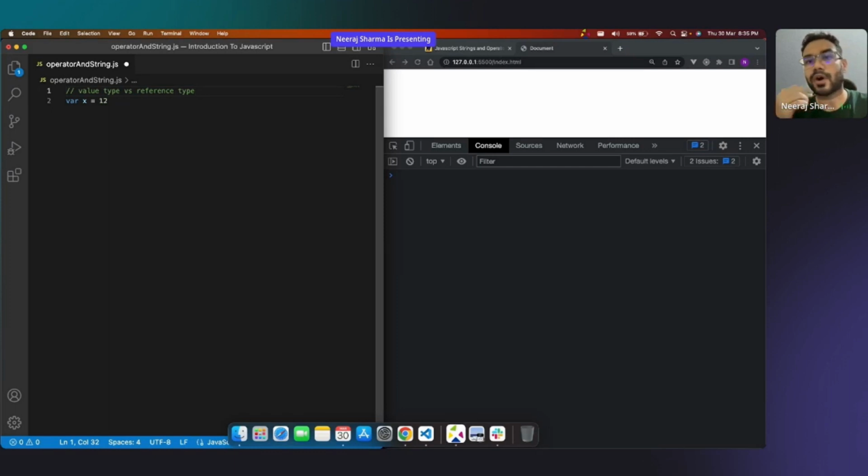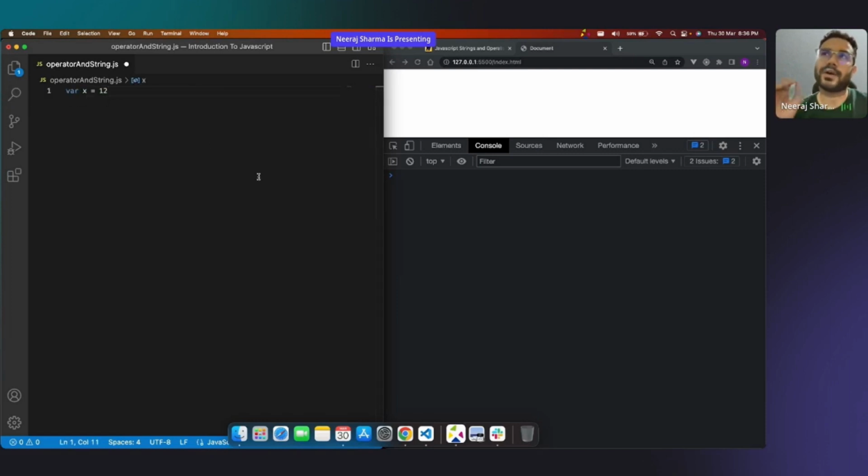When we talk about objects, I will revisit how exactly this 12 is getting assigned to x, and what is happening behind the scenes. We will talk about memory. Some of you may know that we allocate variables in memory. How does that happen? I'm not telling it now because it might create some confusion since we haven't talked about the reference type. When we talk about objects, I will revisit this point. So today I'm not talking about it.